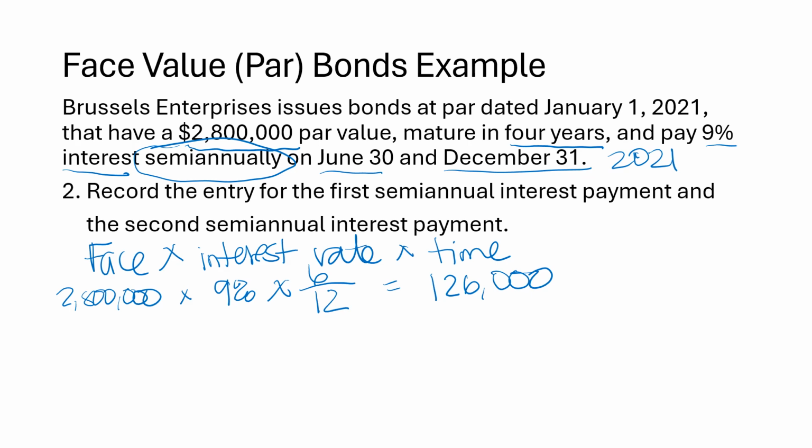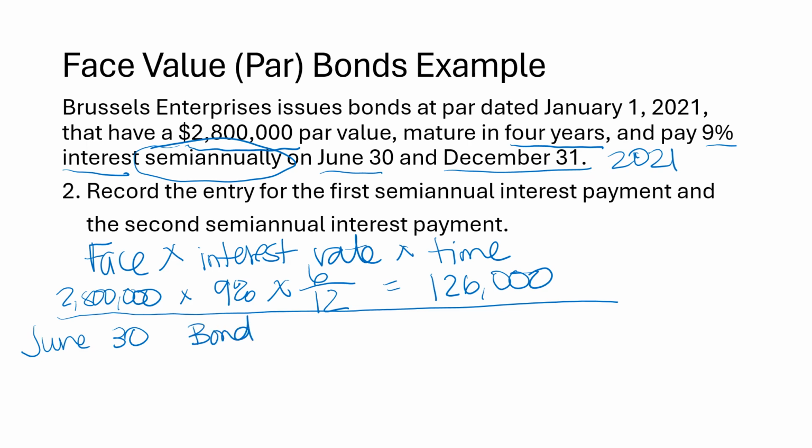So we will record June 30th and December 31st. On June 30th, the journal entry for interest payments is a debit to bond interest expense, because we're recording an expense just like any other expense.